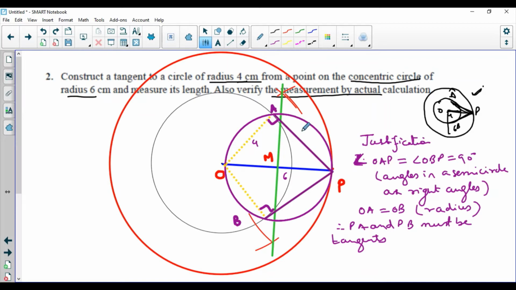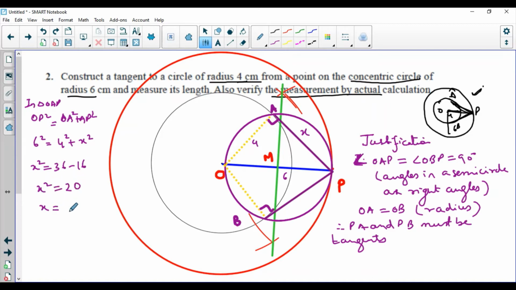So AP is the length of the tangent, and that we can find by the Pythagoras theorem. In triangle OAP, OP square is OA square plus AP square. This is 6 square, 4 square, and x square. So x square will be 36 minus 16, that is 20. So x will be root 20.